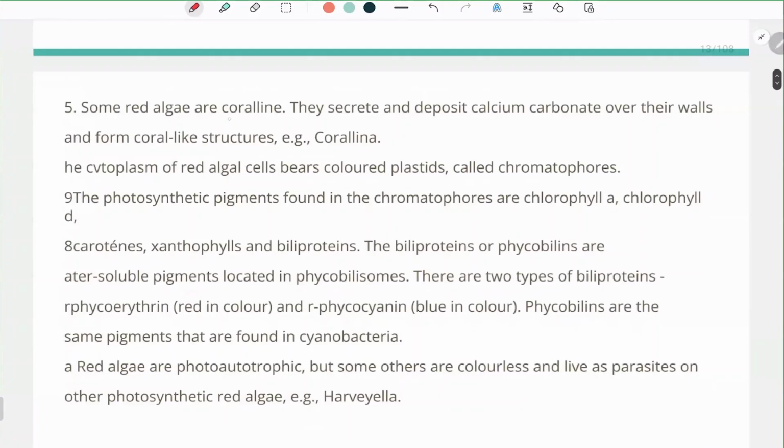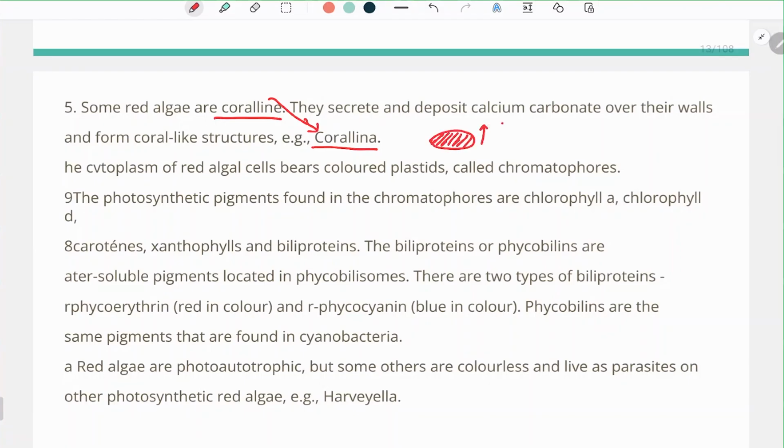Some algae are coralline. They secrete and deposit calcium carbonate over their walls to form coral-like structures, as in the case of Corallina. It is named after coralline. So what are coralline? They secrete calcium carbonate, and this is an algal cell.